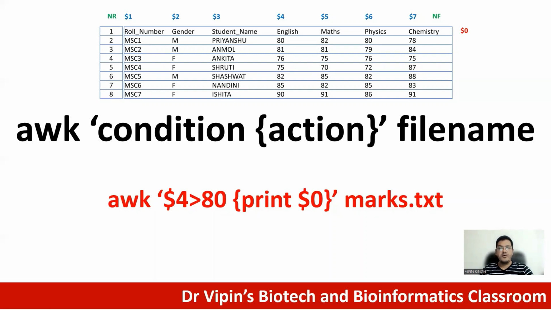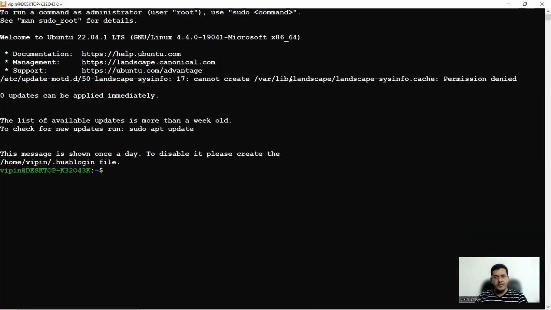So let's now see how awk can be used for text manipulation and also for scanning a file for specific requirements that you want as your final output. So I go into my Linux terminal and we start with awk. So here we are, and let me just clear out the screen first. Remember, the command for clearing out the screen is clear. And if you don't remember this, you can go back to my previous lecture on 25 common Linux commands, right?